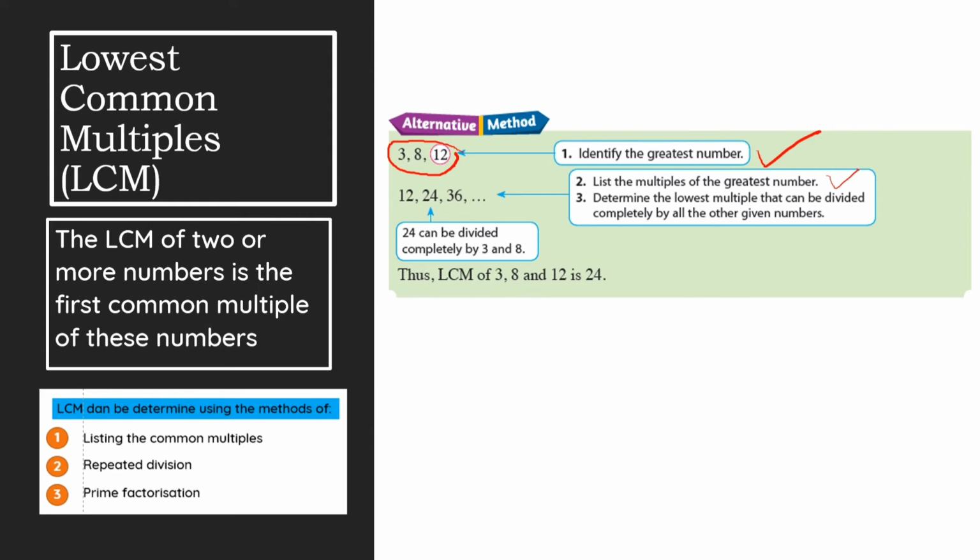So from these multiples of 12 here, we need to determine which one can divide completely if we divide it by 3 or by 8 and by 12. 12 can be divided completely by 12, but 12 cannot be divided completely by 8, because it will have a remainder.